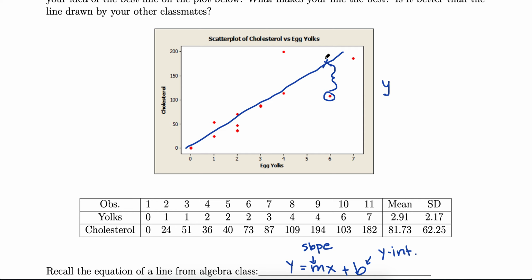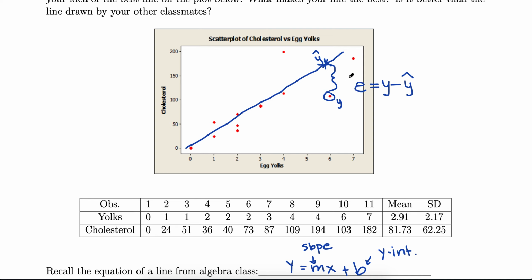Up here, vertically from that point to the line, is y hat, the predicted value. The difference between what I observe, the actual data point y, and what my line predicts, y hat, is called the error or the residual.